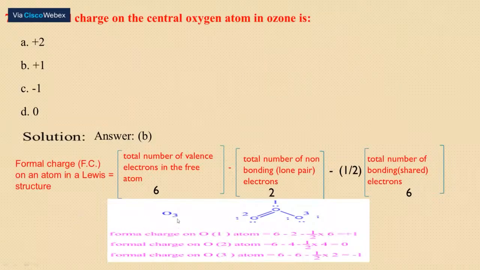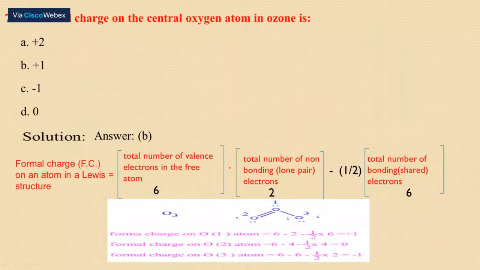Now, this is ozone, and this is the resonance structure of ozone. Here the central atom, I have named as oxygen number 1. Then in order to calculate formal charge, there is a formula.